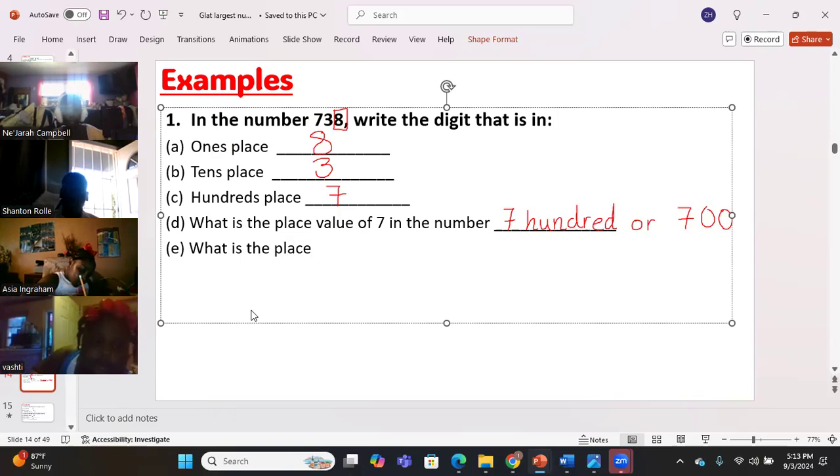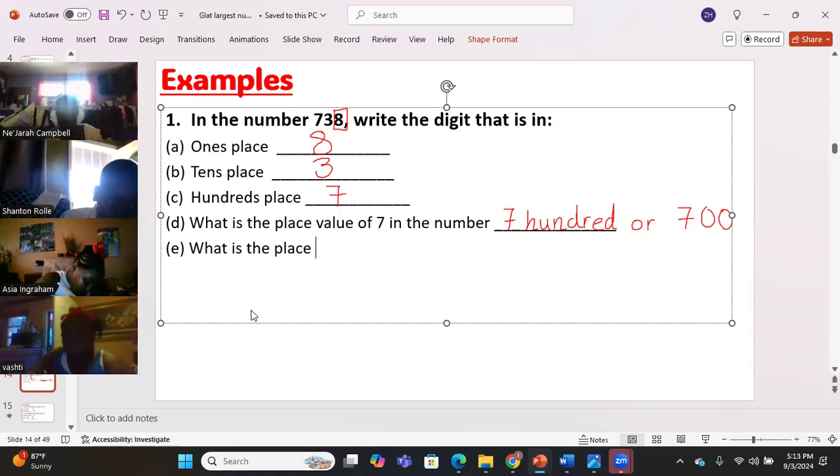E. Yes, sir, you're on E. Asia, would you say you're on E or B? I'm on B. Okay. Shantawan, what letter are you on? I'm on D. Najara Campbell, what letter are you on? I'm on D. Okay. Arsenio, what letter are you on?